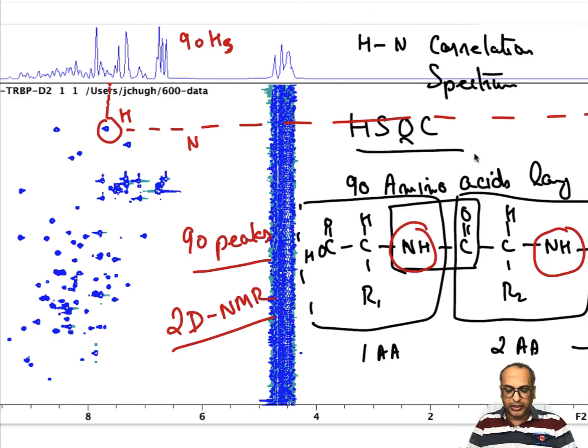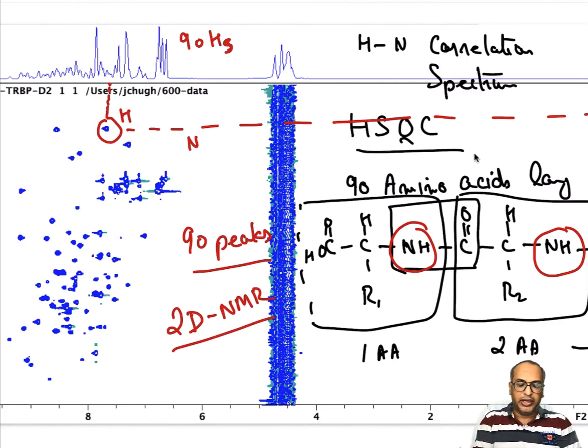Similarly, here what we have used is nitrogen chemical shift information. One can also use carbon chemical shift information. One can use scalar coupling information, basically anything which helps resolve a particular proton.